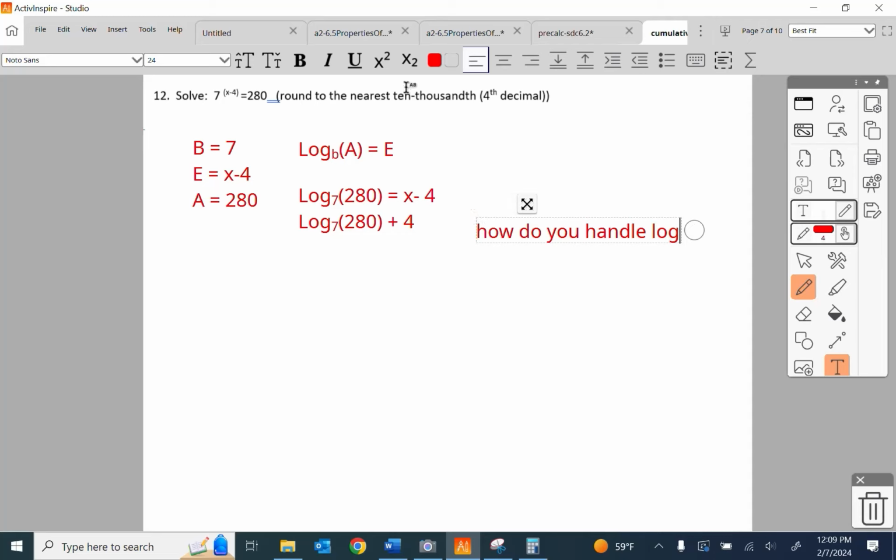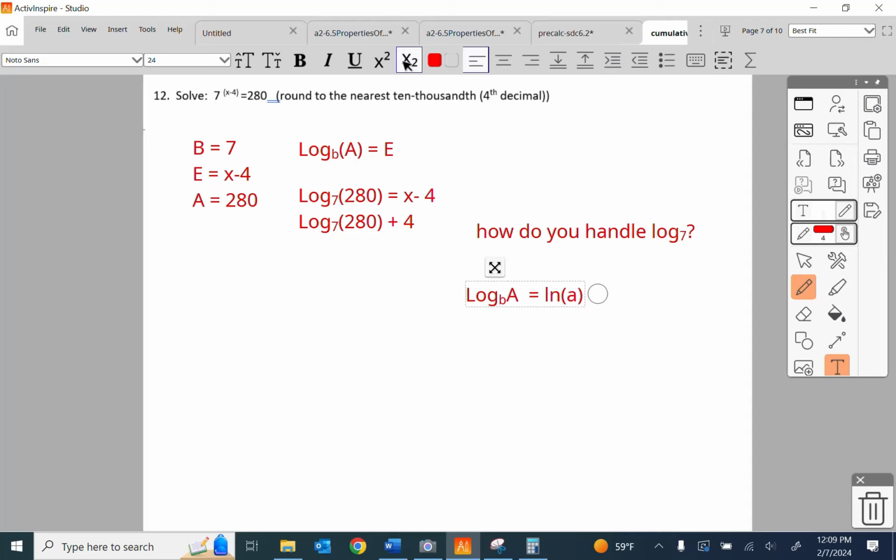Log base 7. Use change of base. You have these little formulas out here. It talks about log base B of A. And I like this one.